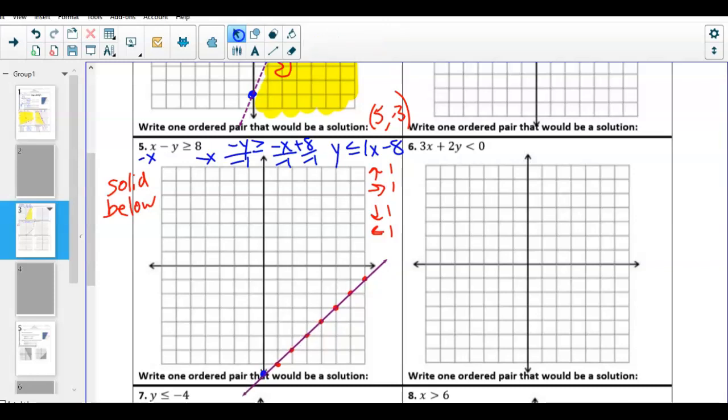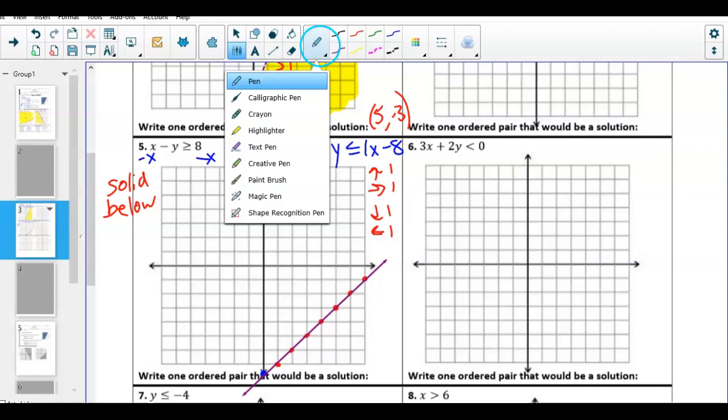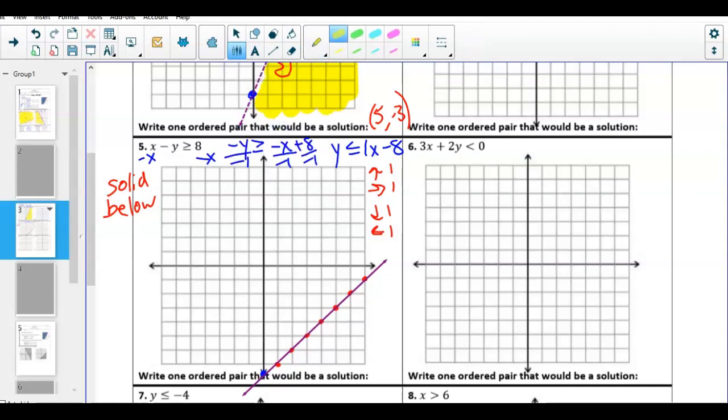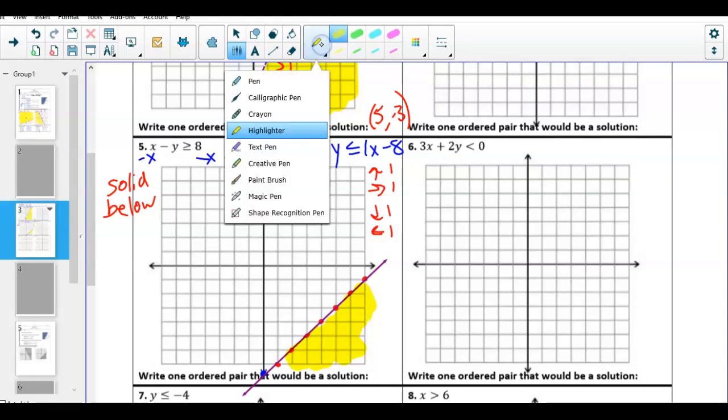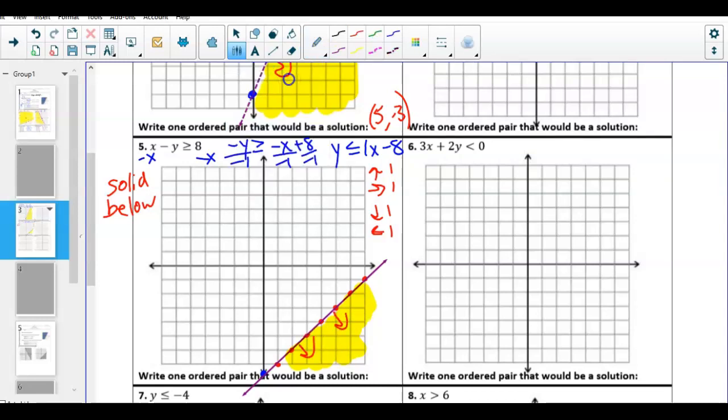That's good enough. All right, so for my shading, I will shade down here. Oh, I didn't do the arrows again. So this would be below the line. And if I wanted to pick a random point, that would be a solution.